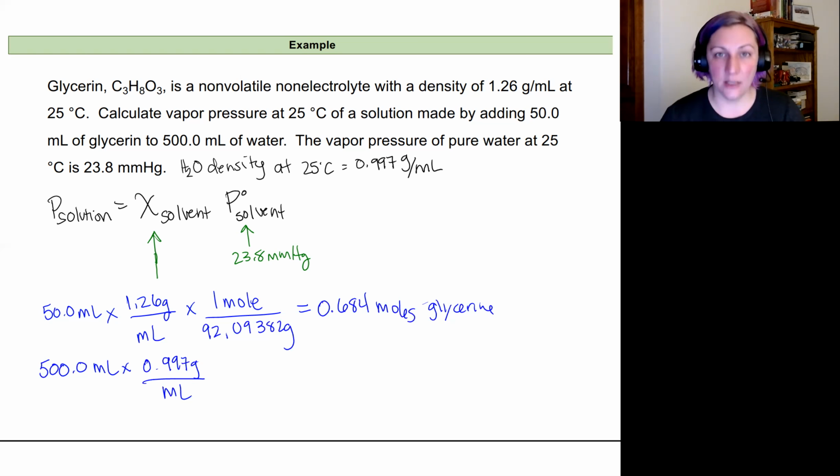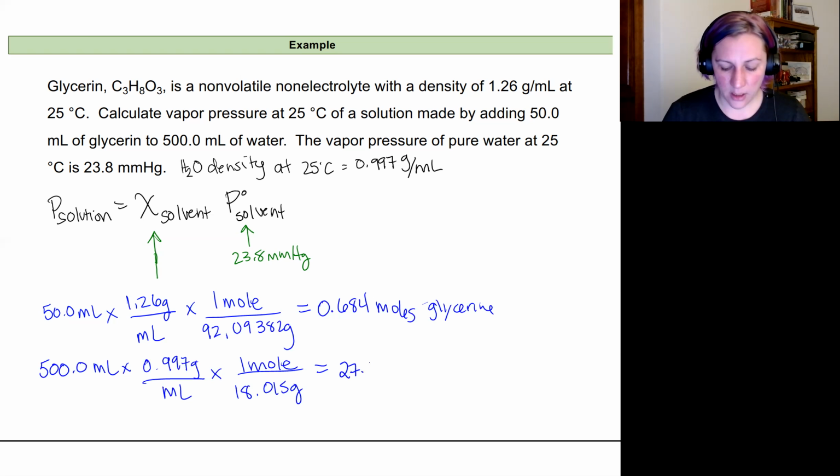And then I'm going to use the inverse of its molar mass to get the moles. So I'll multiply that by 1 mole divided by 18.015 grams. And that's going to give me a larger number of moles, right? As expected, 27.67 moles of water.